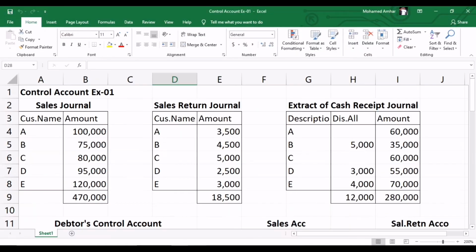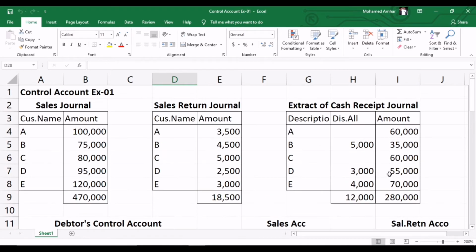This is an extract of the cash receipt journal. In the description column, customers' names A, B, C, D, E. Discount allowed to customers is shown here, and the amount received shows in the amount column.